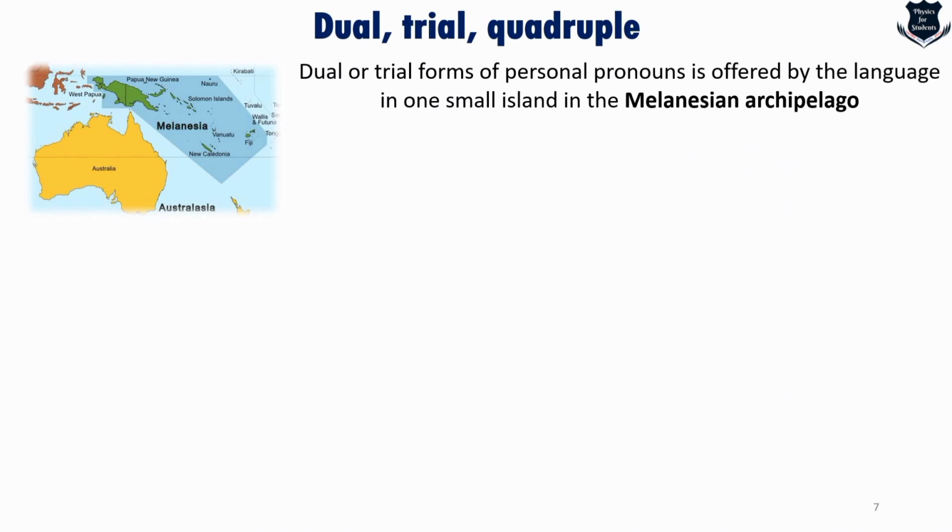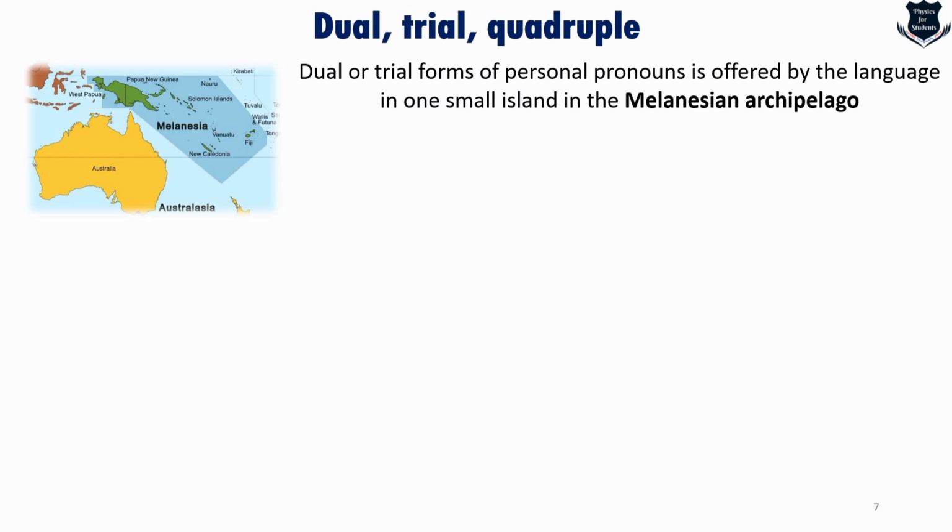Now, the Melanesian archipelago is basically a large group of islands in the southwestern Pacific Ocean. It includes islands like Fiji, New Guinea, and the Solomon Islands. Researchers have found that some Melanesian languages have bases of binary 2 or base 4 systems, where counting relies on grouping of 2 or 4 objects.